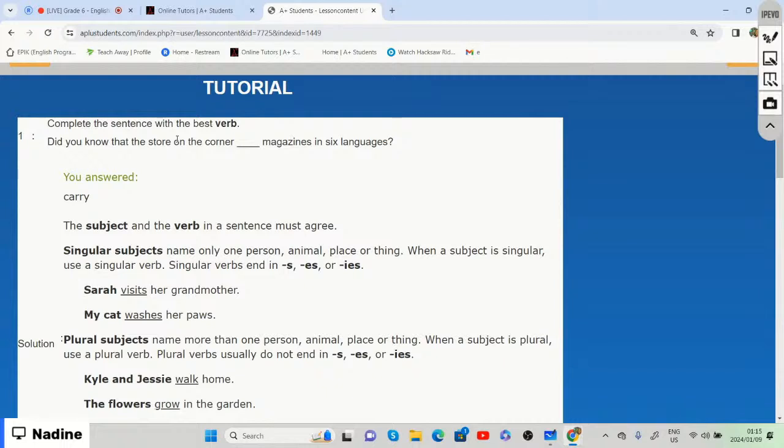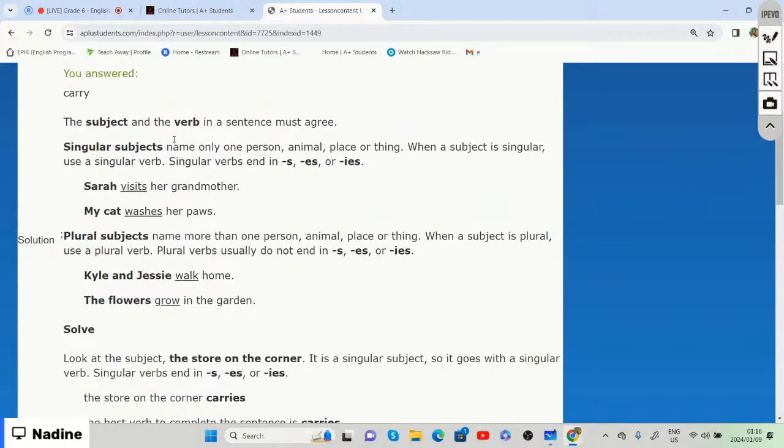All right. So we need to complete the sentence now with the best verb. Did you know that the store on the corner magazines in 6 languages?